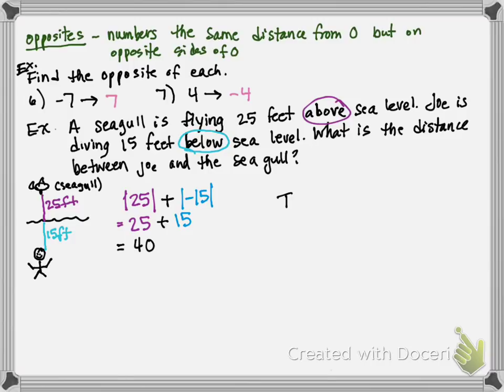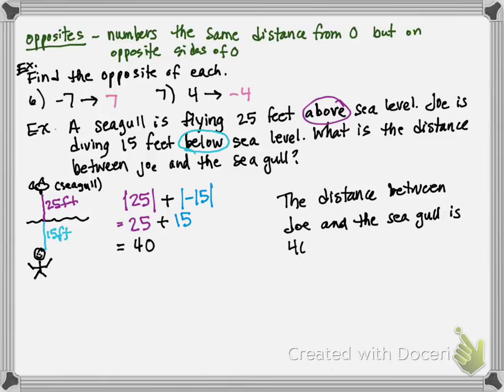So we would say the distance between Joe and the seagull is 40 feet. So again, recommend you draw a picture.